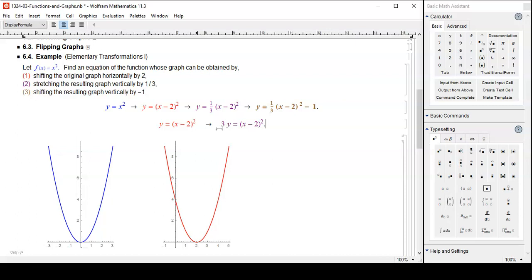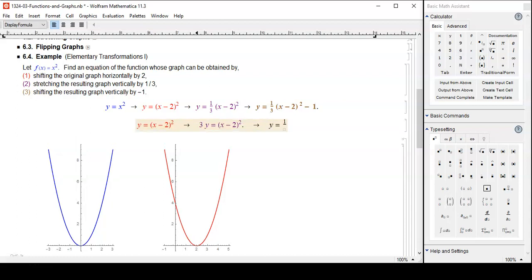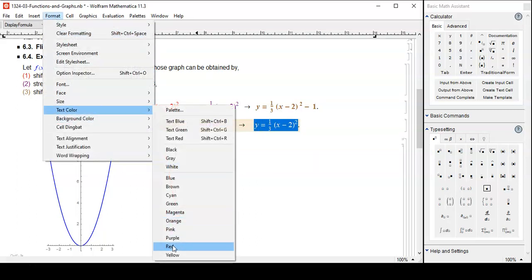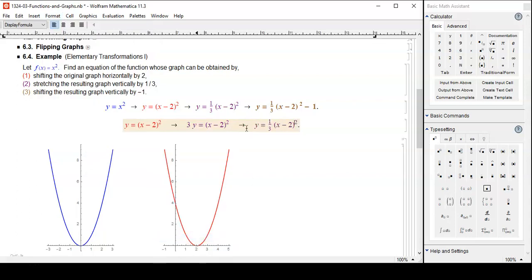And then you have to express this in explicit y equals f of x form, and that's why this is becoming y equals 1/3 x minus 2 squared, and that's this one. As a matter of fact, from red to purple, that's graph transformation, and this one here is not really a graph transformation, it is just algebraic manipulation, flipping this 3 to the other side so that we get ready for the next transformation.